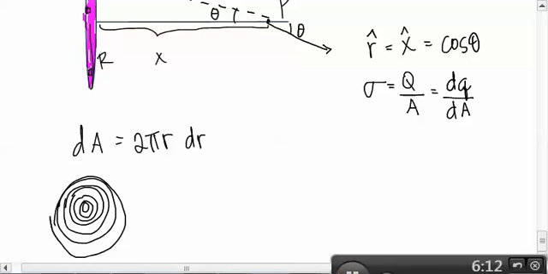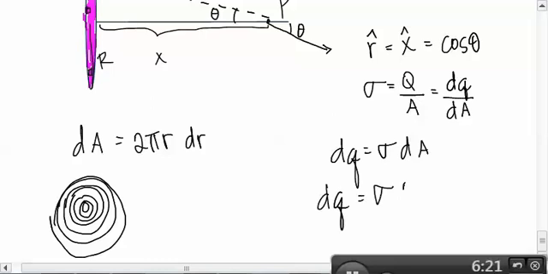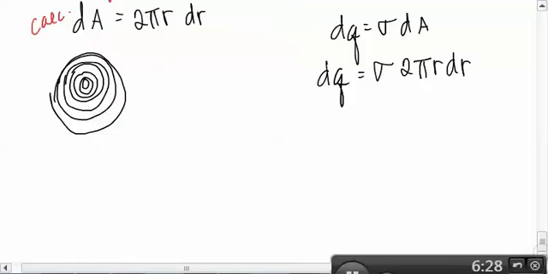So then dq would be sigma dA, where dA is 2 pi r dr. Now let's put all this together as best we can.